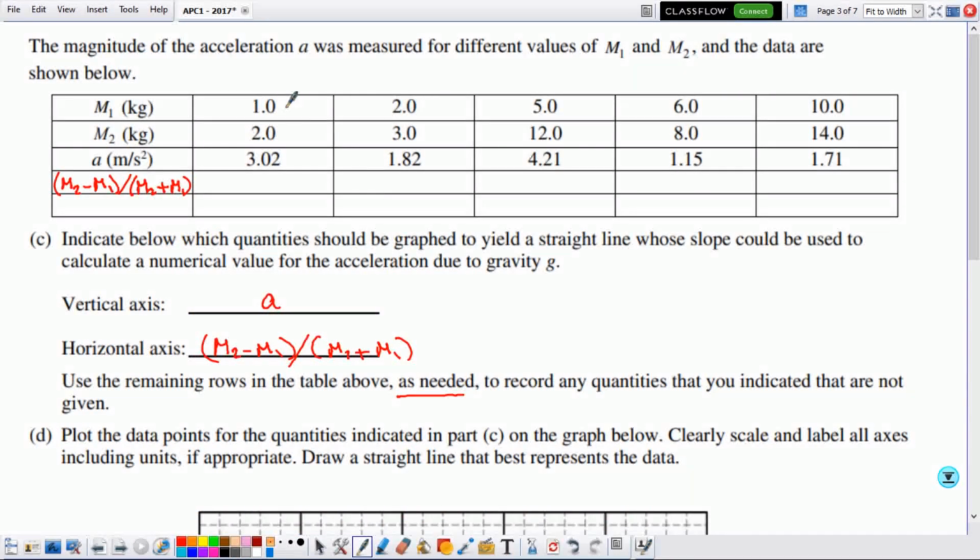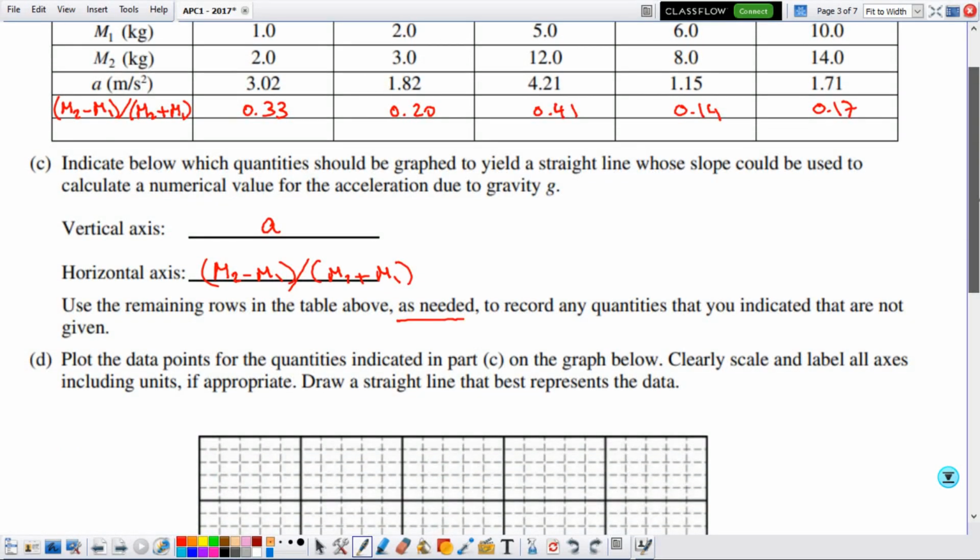And notice that all quantities in physics have units. Here we didn't include the unit because they are included in the first column. So if you do the calculation, that would be 0.33, that would be 0.20, that would be 0.41, and that would be 0.14, and that would be 0.17, and I'm representing my numbers as 3 significant figures.